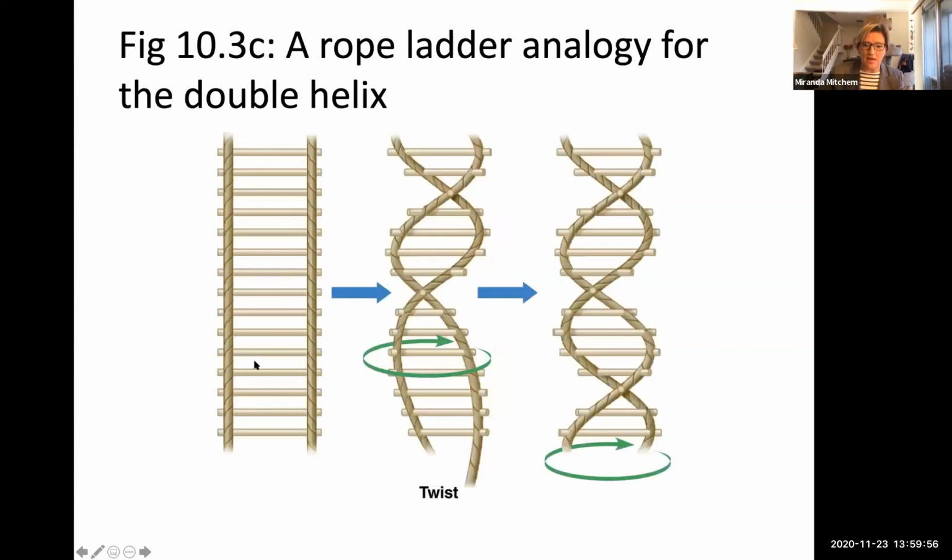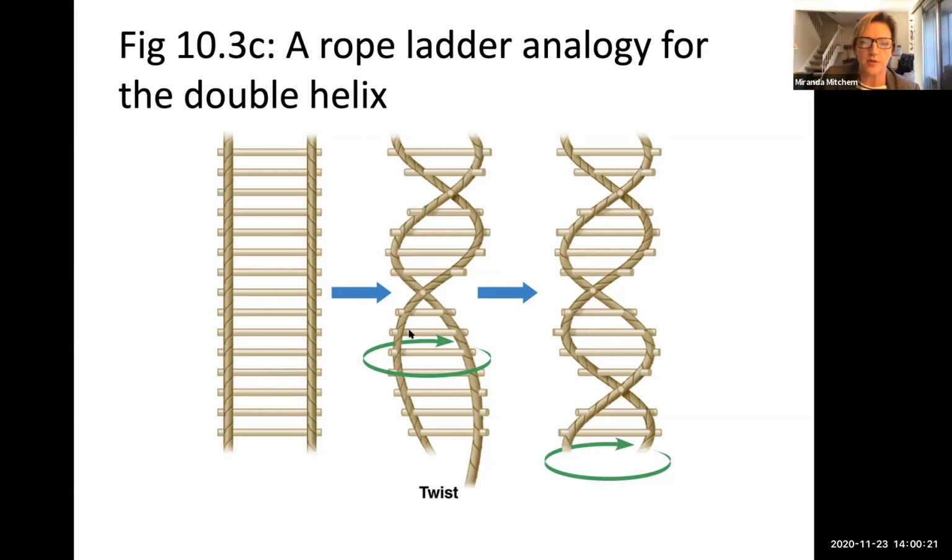Okay, so again, we can think of the sugar phosphate backbone like the sides of the ladder. These are held with covalent bonds. And then the hydrogen bonds form between the matched base pairs. Those are like the rungs of the ladder. But then the molecule twists.